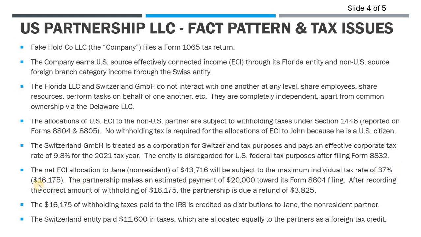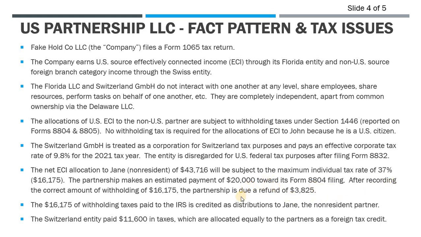All right, so she's going to be liable for, the partnership is going to withhold $16,175. Now, because the partnership knows that they're going to have to withhold and pay some tax to the IRS for these allocations, what they did, and this is very common, is they made an estimated payment of $20,000 towards that balance before the end of the year.